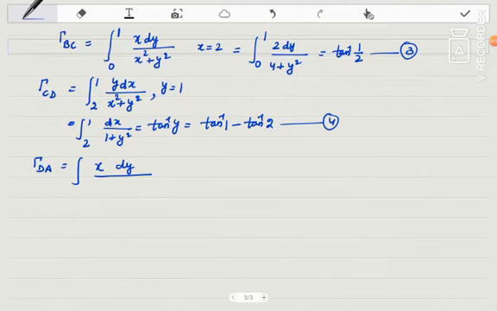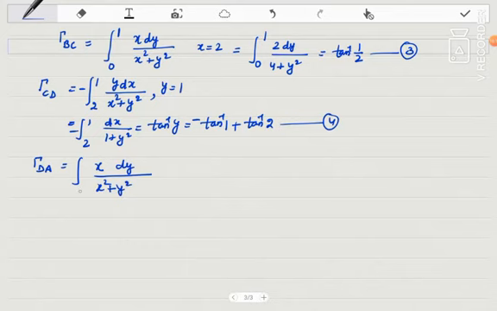I think in the first one I have to take a minus symbol here. So minus, plus, and this is minus, because in velocity it is with the minus symbol. So x dy upon x square plus y square.